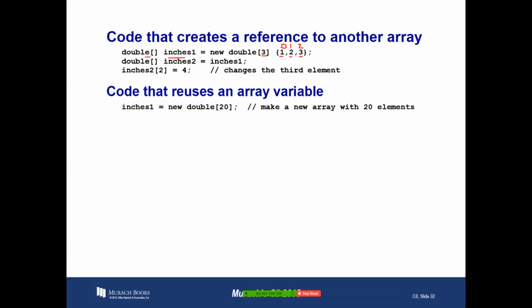And then we're declaring a second array called inches 2, and we're setting inches 2 equal to inches 1. So now the inches 2 array is equal to the inches 1 array, and now we're setting an element of inches 2 equal to 4.